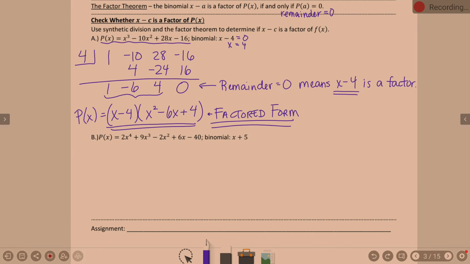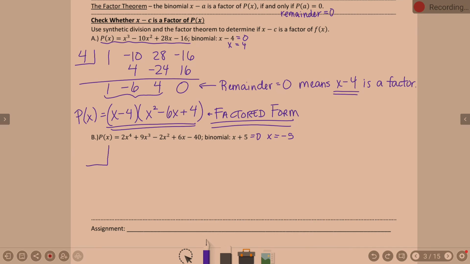One last one. We want to factor b. What goes in my box? Okay, since it says x plus 5, we're going to use x equals negative 5.